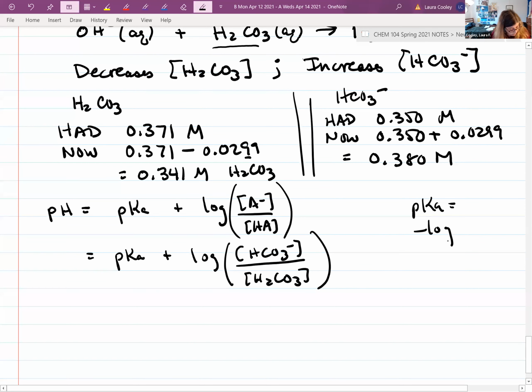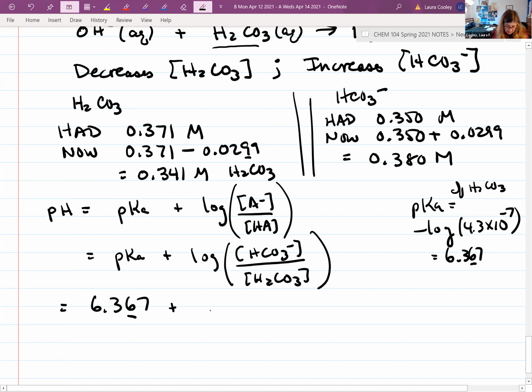It's still the negative log of 4.3 times 10 to the negative 7th. That's the pKa of H2CO3, and that is 6.367, keeping an extra digit.